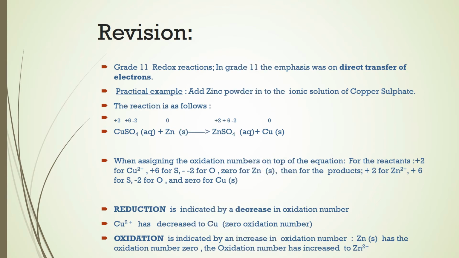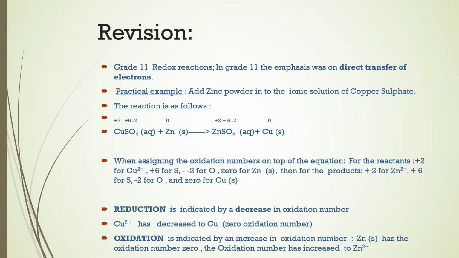I would like to start this topic by revising grade 11 redox reactions. In grade 11, the emphasis was on direct transfer of electrons. In the practical example you did in grade 11, you add zinc powder into the ionic solution of copper sulfate.